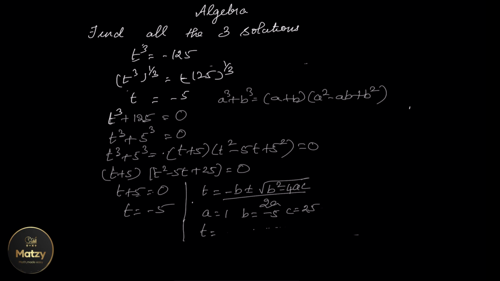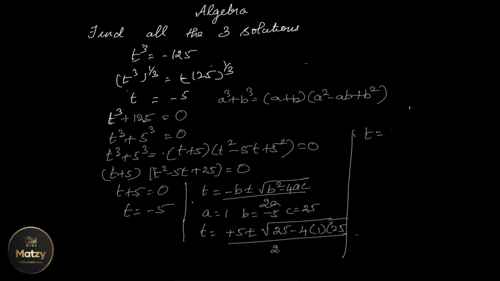So t is equal to minus into minus, plus 5, plus or minus root of b square, 25, minus 4 into a into c, divided by 2a. What is that 2a? 2 into a. 2 into 1 is 2 only. Okay, let us continue this.